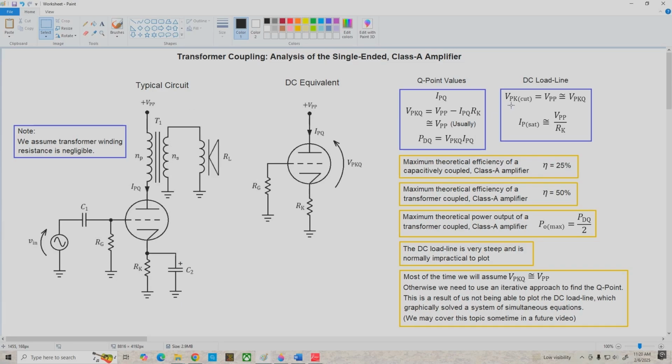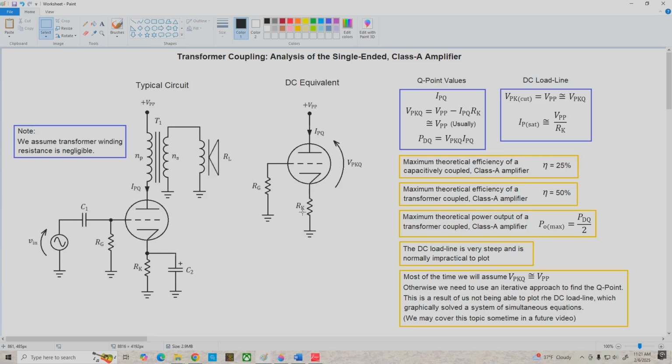And as far as the DC load line goes, VPK cutoff again is equal to VPP. But the plate saturation current is approximately VPP over RK, which is normally a very, very large value because RK is typically not that large. It might be a couple thousand ohms at the most.